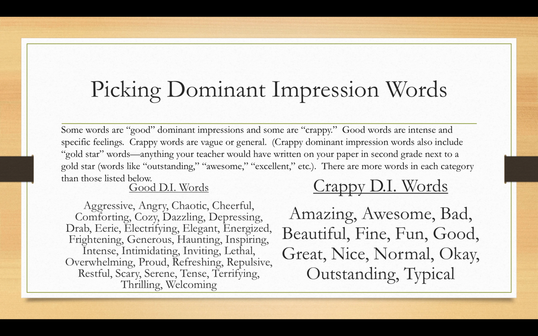These are not great impression words. This should be something that makes you feel something like you've never felt before. So when I read The Hunger Games, for example, that's a very distinct impression. It's something that's very different than, say, Twilight.